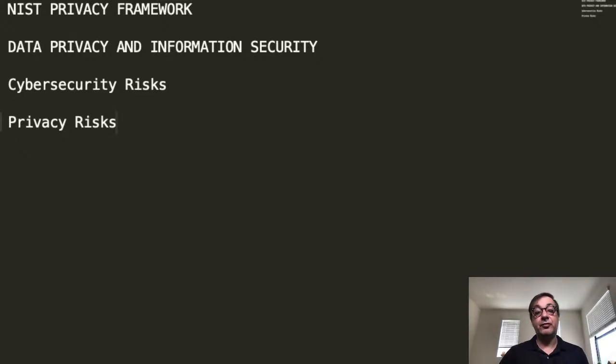So in the NIST privacy framework, when we talk about privacy risks, we are talking about the likelihood that individuals will experience problems that result from data processing and the impact should those problems occur. They use likelihood and impact language that mirrors the cybersecurity risk management space, but in the privacy framework, they focus on the problems that individuals could experience instead of threats and vulnerabilities.